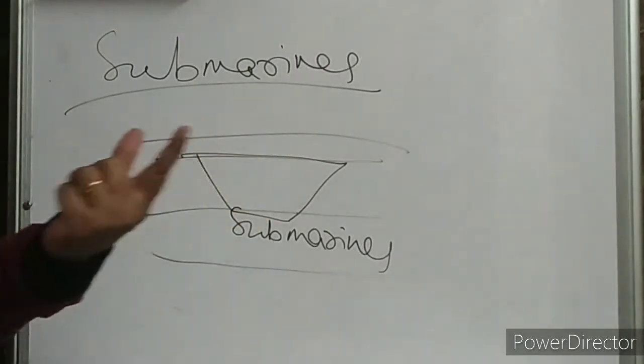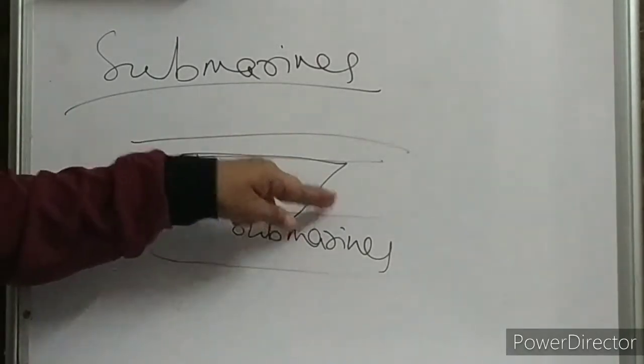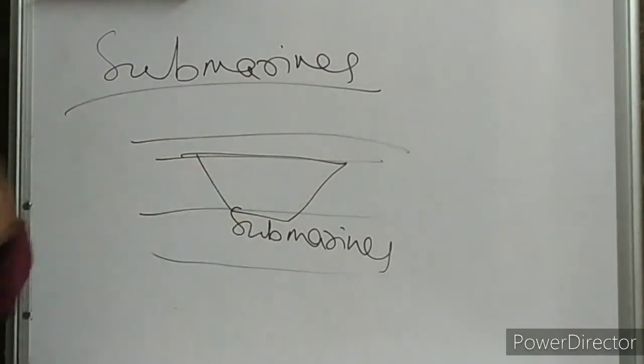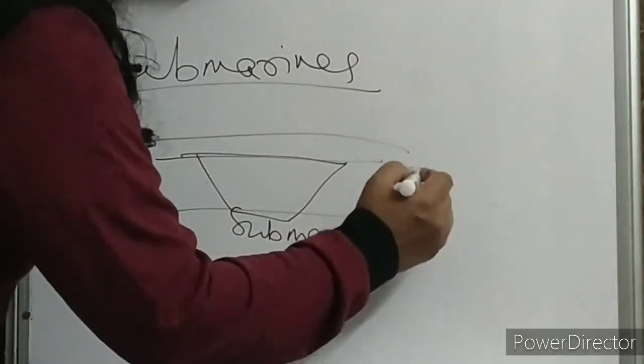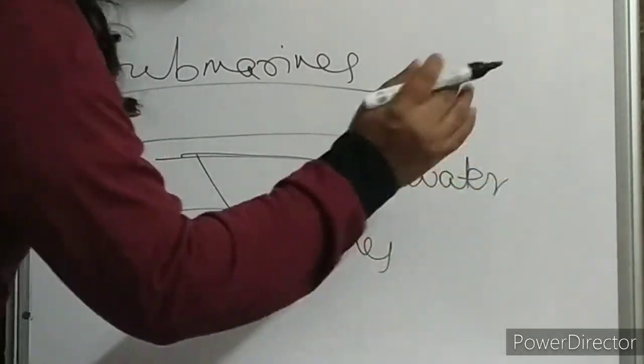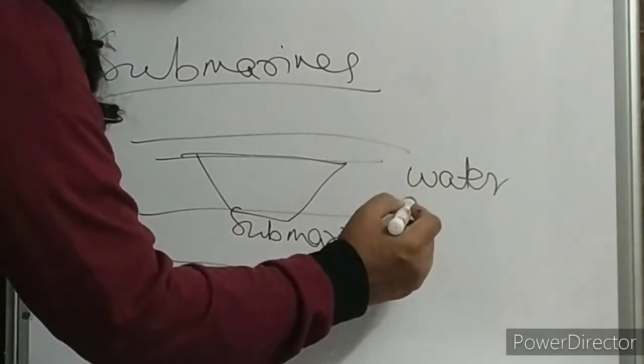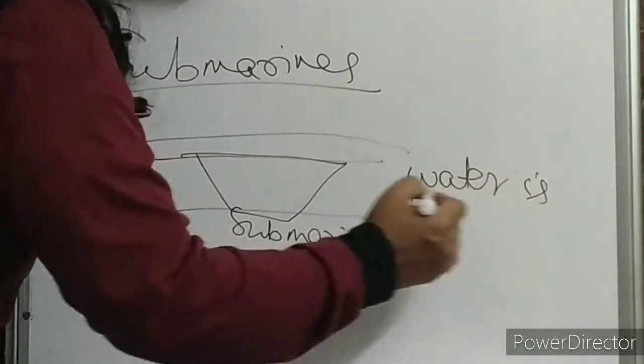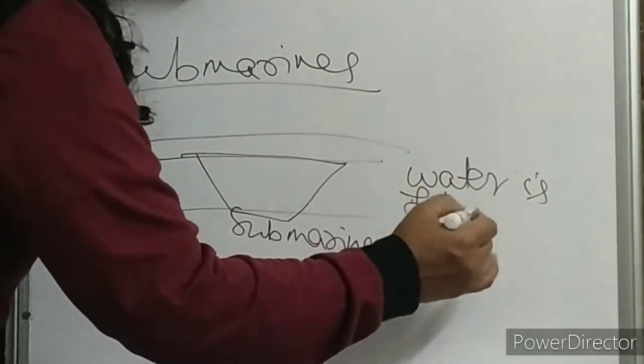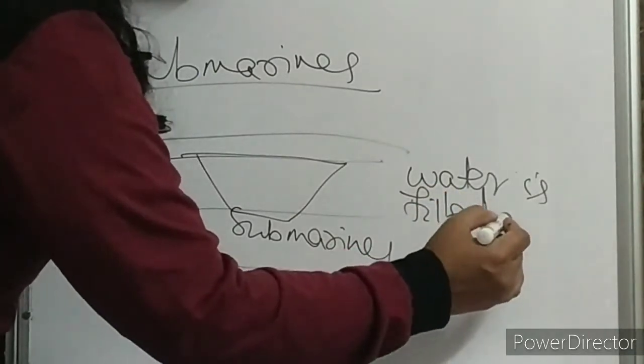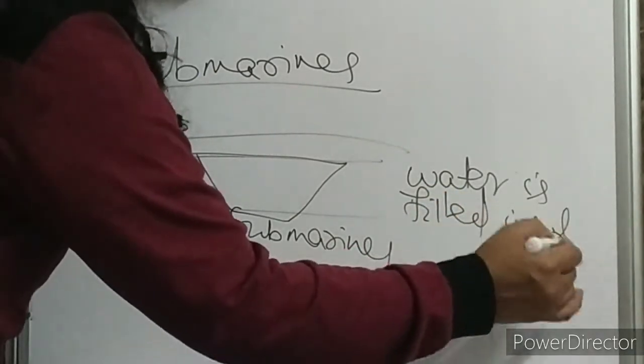In the case of submarines, there is an arrangement inside. There will be a tank, a buoyancy tank. Inside that buoyancy tank, there will be water. Water is filled inside your buoyancy tank.